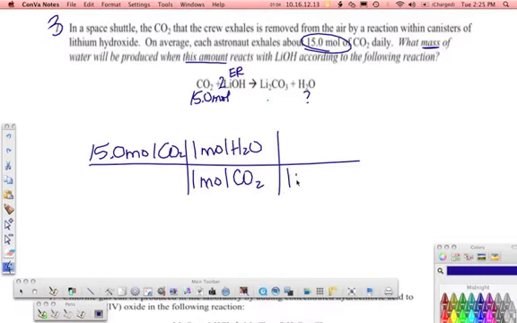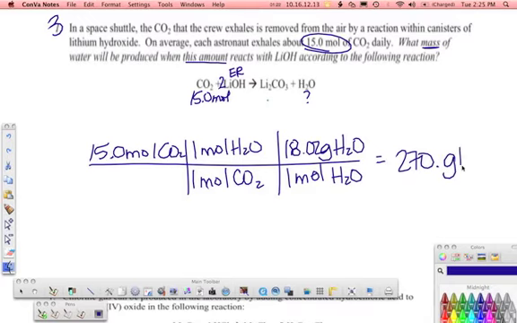And then everybody knows the molar mass of water. If you don't, you should. Plug that into your nifty little calculator, and you get, in correct sig figs, 270. with a little decimal place. Grams of water.